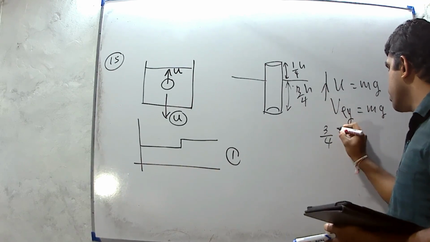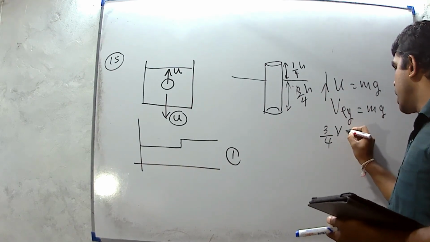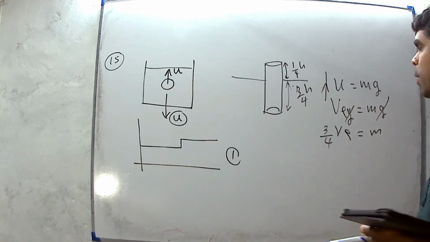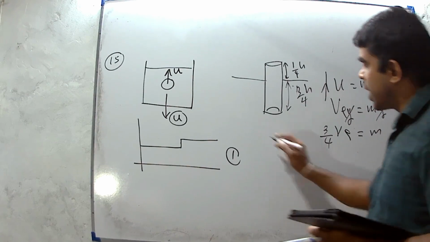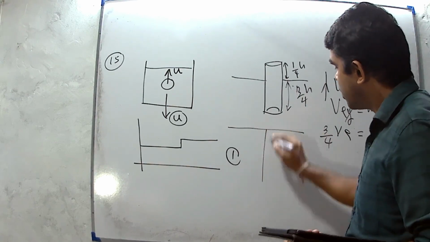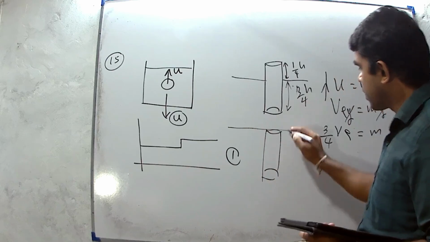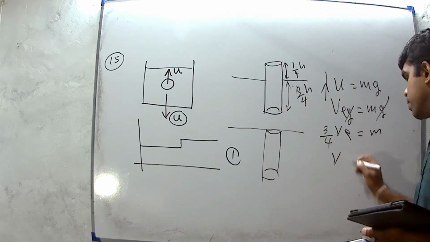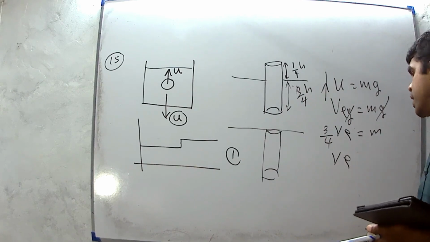3/4 of the volume times the density of the liquid; we can cancel out g, equals the mass of the object. When considering the fully immersed situation, the immersed volume is V, the total volume. The density of the liquid is the same.